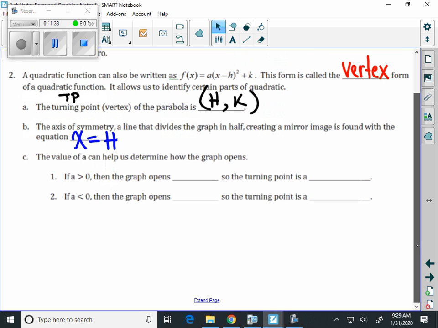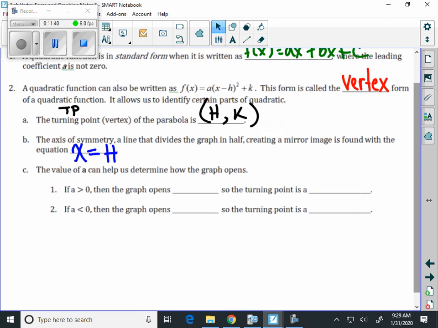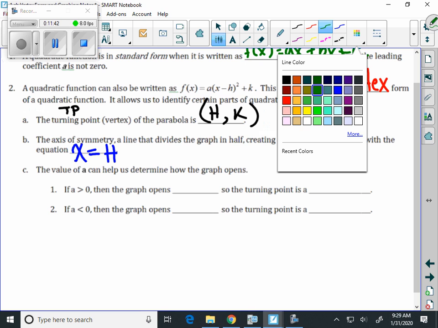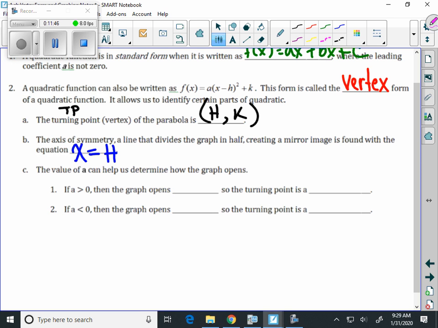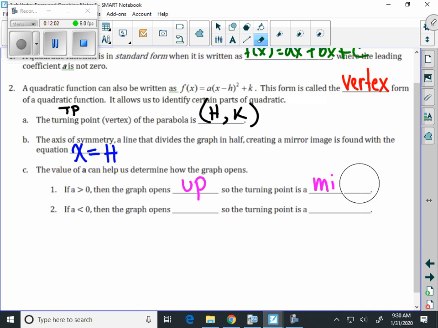One more interesting piece of use for us when we're talking about these types of problems is the value of a. If the value of a is greater than 0, the graph opens upward, and the turning point is going to be a minimum. Got to spell it right.